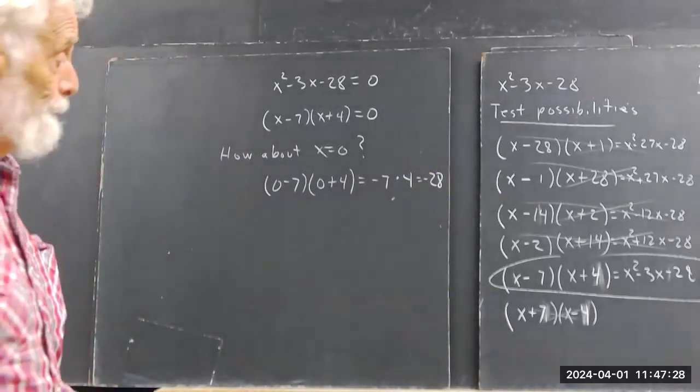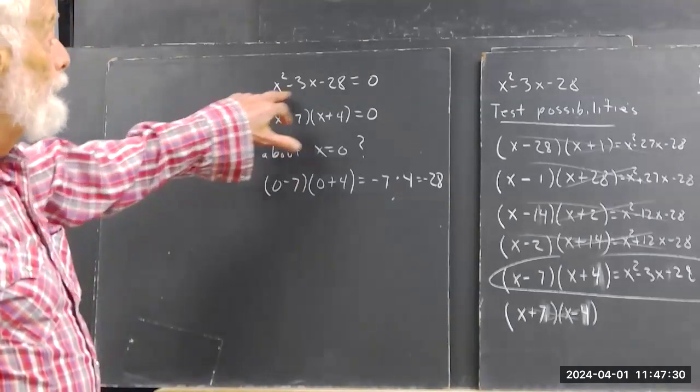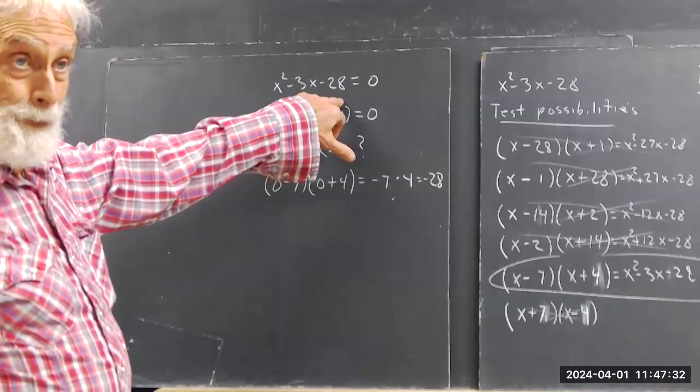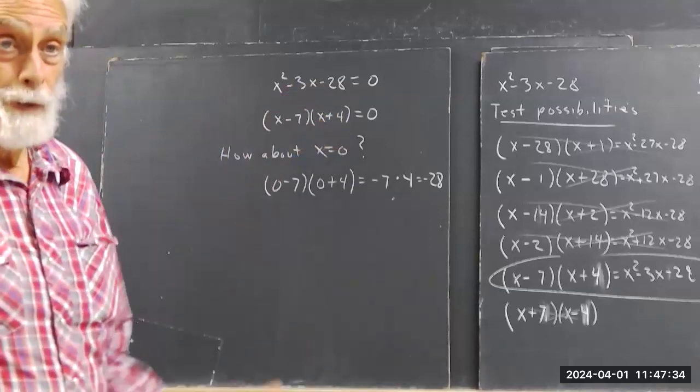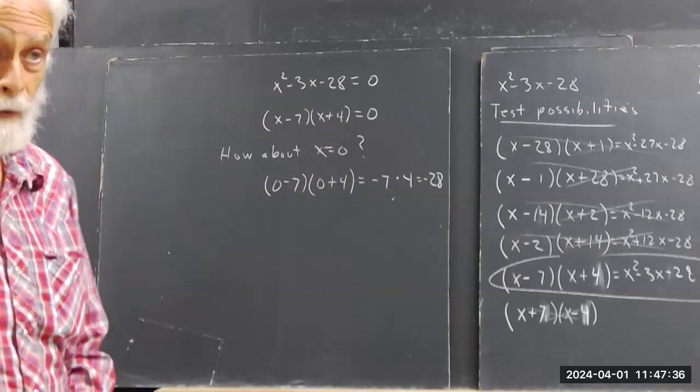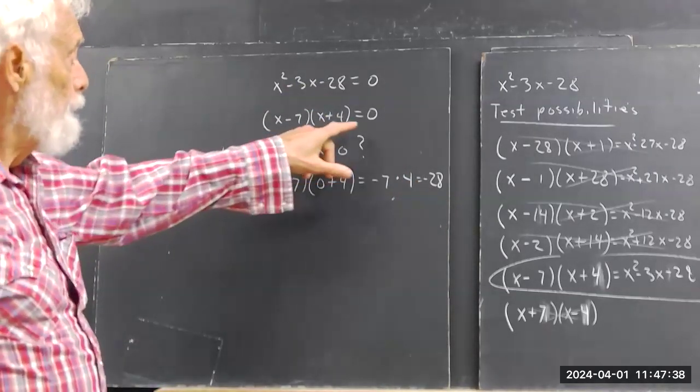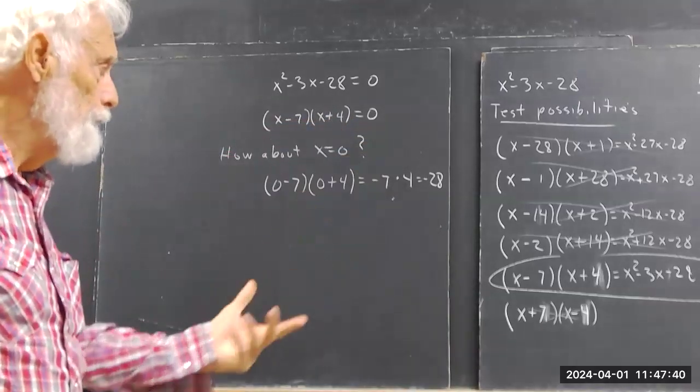Now, when we learn to graph things like this, you will want to plug in x equals 0 because it tells you something about the graph. But as far as finding out the values of x that make it 0, that doesn't work.